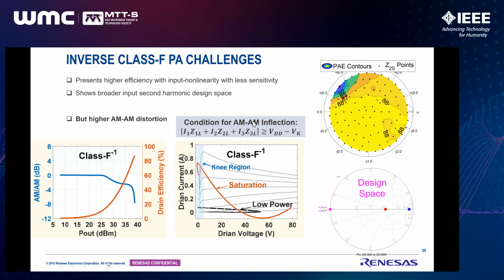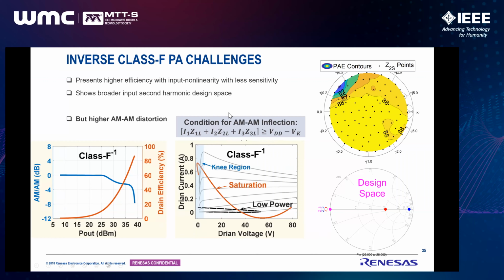The voltage swing because of that G2L, although at very low power I2 is very small, the product of I2 G2L can be very high. And at low power, that's how it can swing back to the knee region and start compressing the device.